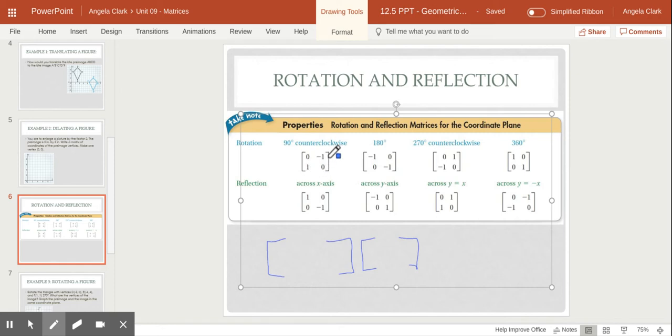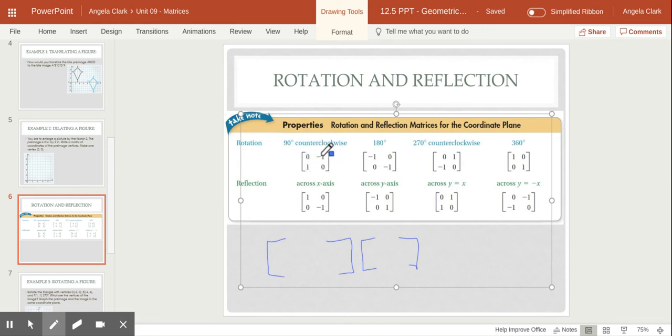If it has values along this diagonal, then I'm switching x and y and then possibly also changing them. You're not going to need to have this memorized or anything.